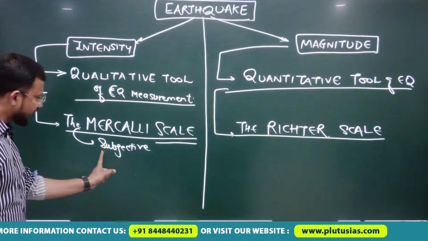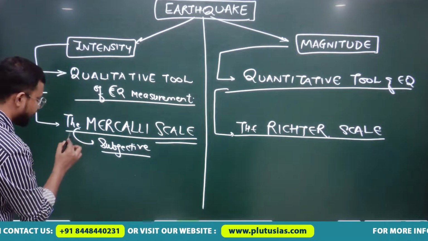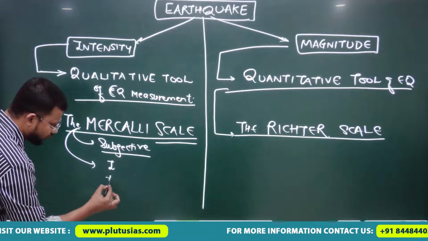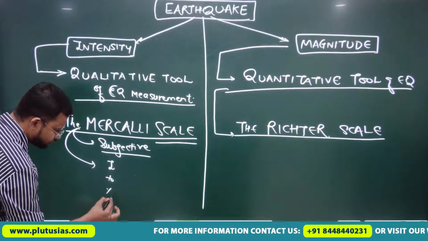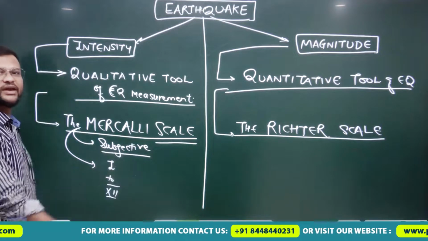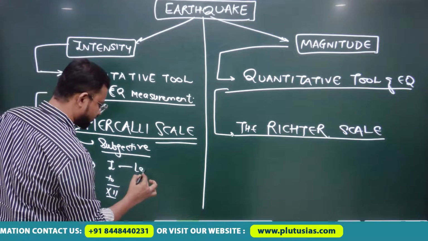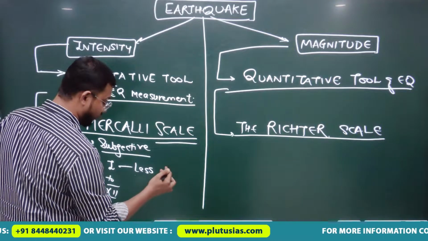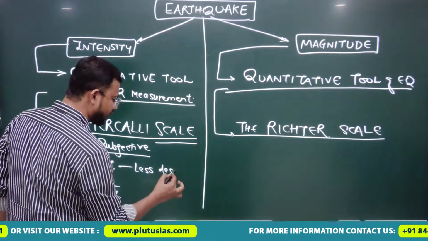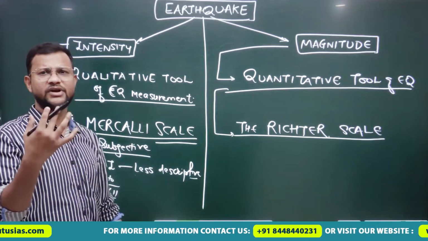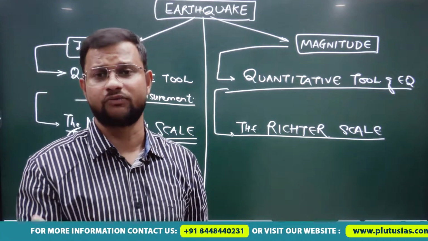So this scale is highly subjective and it considers a scale ranging from 1 to 12. The first is a less severe or less descriptive event, where the individual hasn't even felt that there was an earthquake.